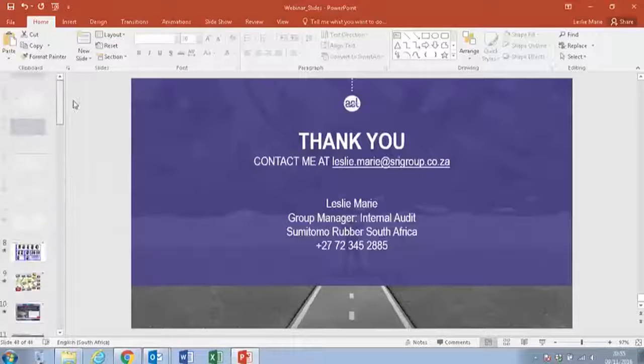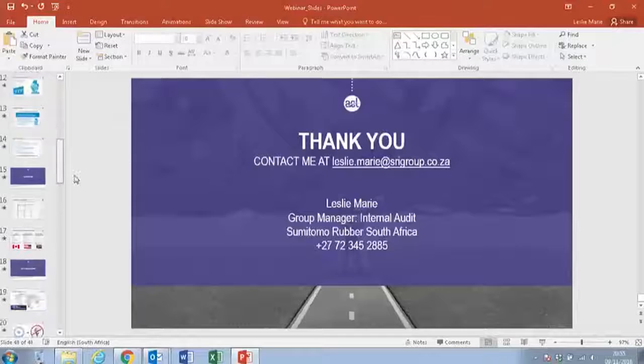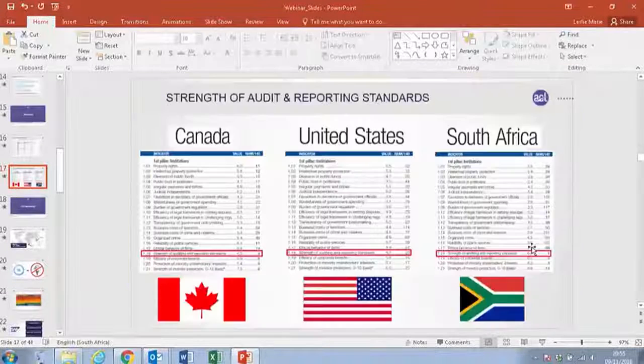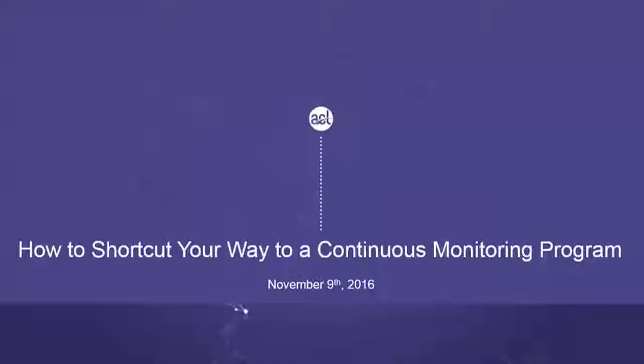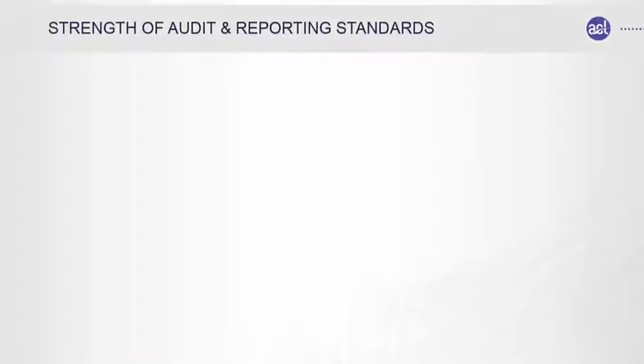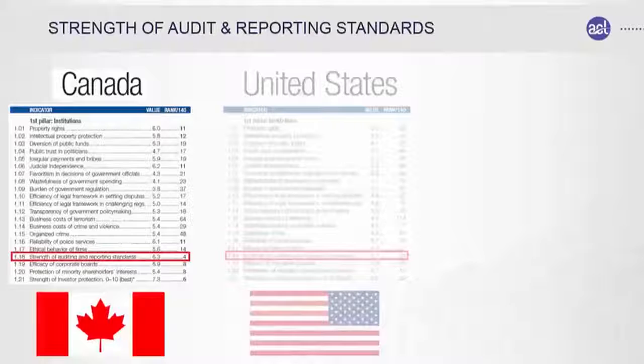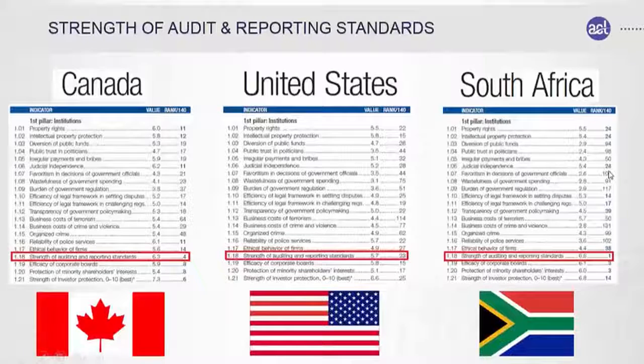Okay, to answer that question, to put it in context, I can give you a little bit of background here. We've got a bit of a problem with corruption in our country. We rank quite high in terms of corruption, diversion of public funds, and so on and so forth.